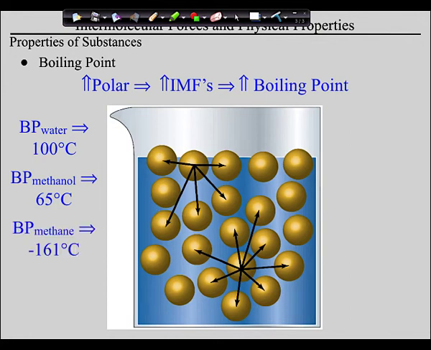The temperature is actually negative 161 Celsius. So guys, you can think about that through kind of another interesting way. The reason that methane is a gas is because it boils at a temperature below room temperature. And again, that comes back to the reason that it's nonpolar. You good? Yeah?